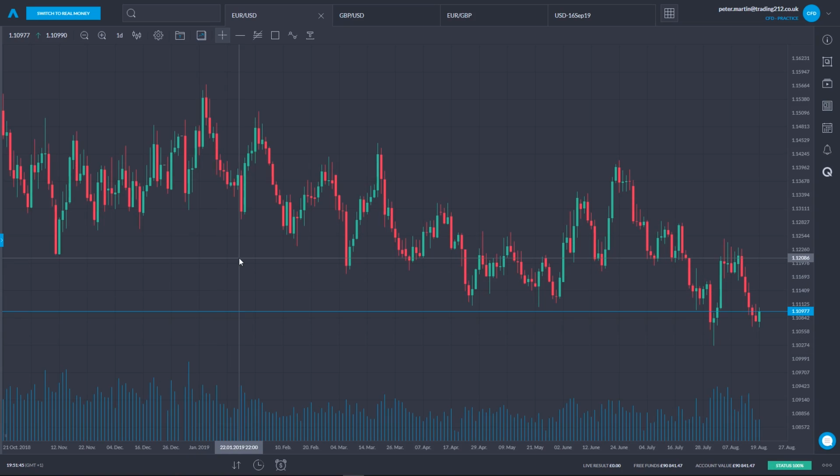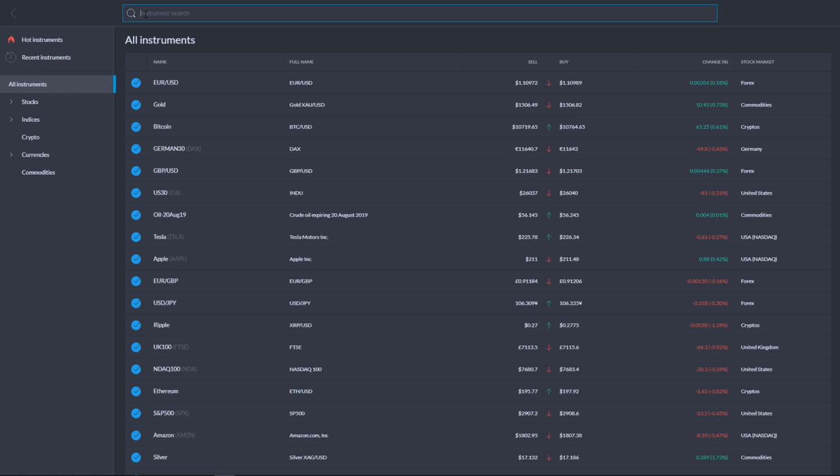So here we are in Trading 212's web app looking at Eurodollar, one of the major pairs. What I'm going to do is just go up to the top here and click in this magnifying glass icon box, which is a search box, and we get a list of all instruments. On the left, we can see that we have stocks, indices, cryptocurrencies.